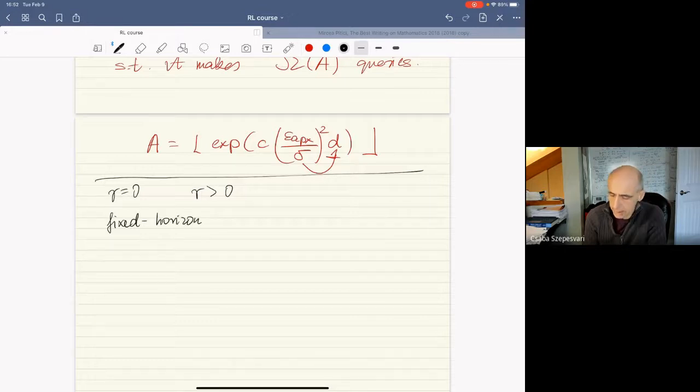So the fixed horizon setting is when you have a problem with exactly H stages.